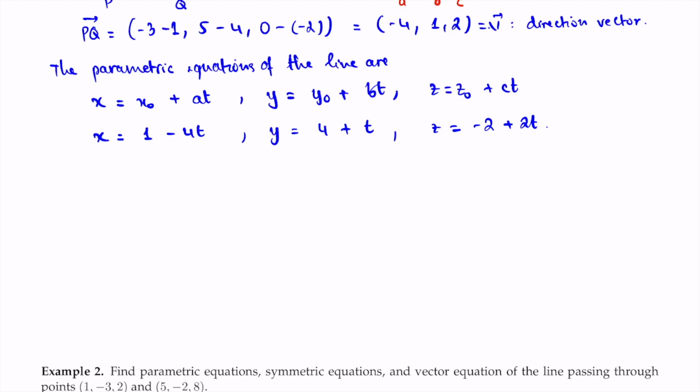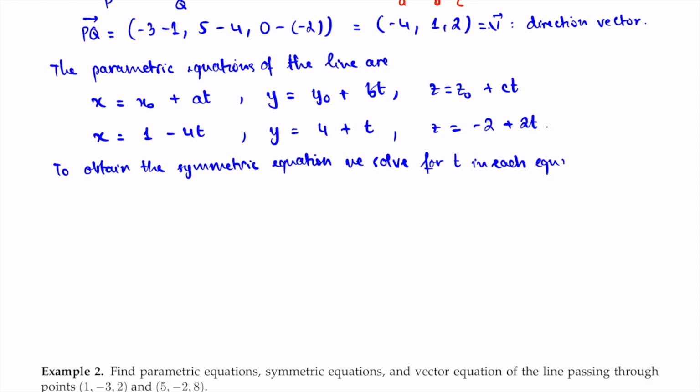Now to form the symmetric equations, we solve for t in each equation above. For the first equation, I get t equal to (x minus 1) divided by -4. Just leave the -4 like that to indicate the component of the direction vector.